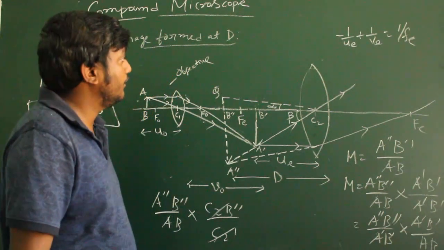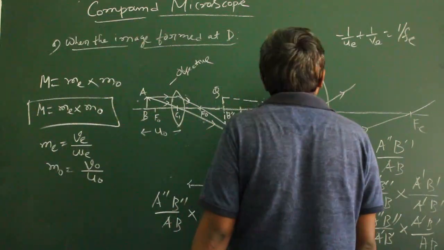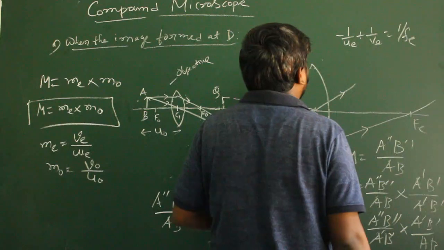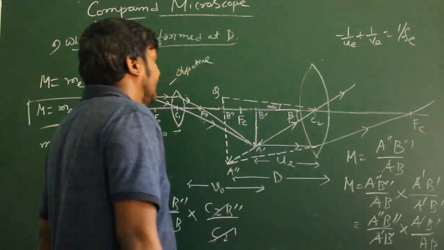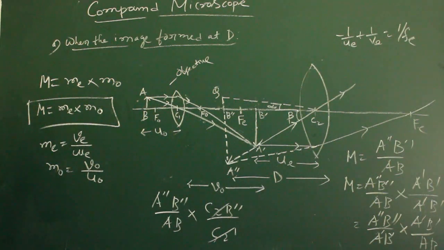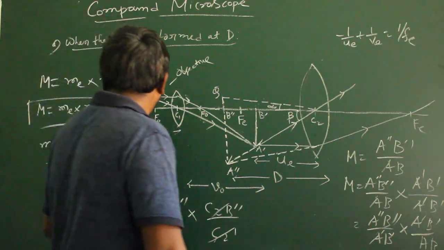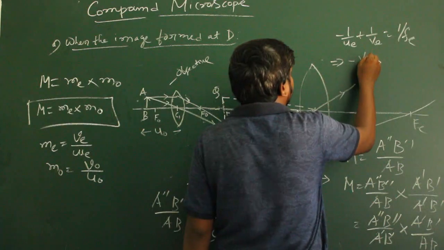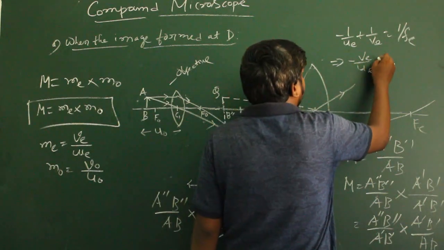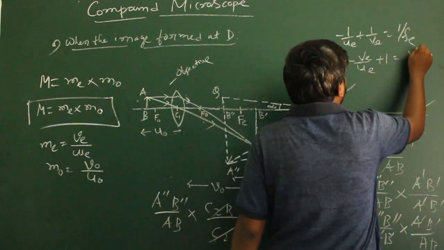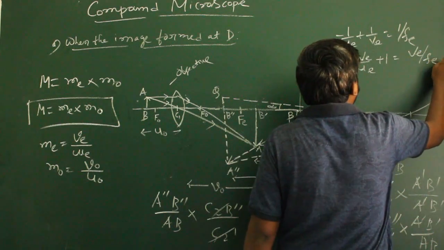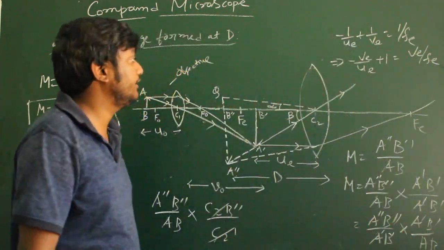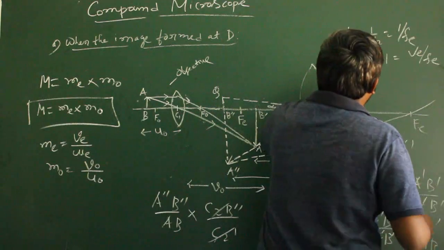Now multiply both sides by VE, so it will be minus VE by UE plus 1 equals VE by FE. So what is VE by UE?